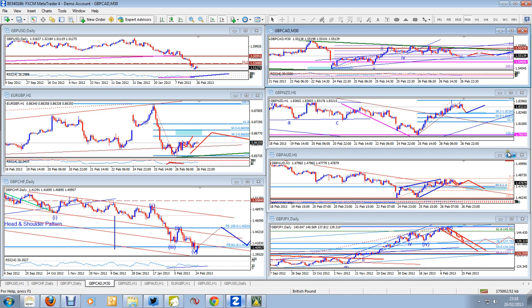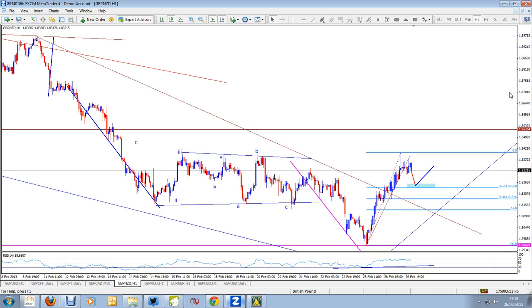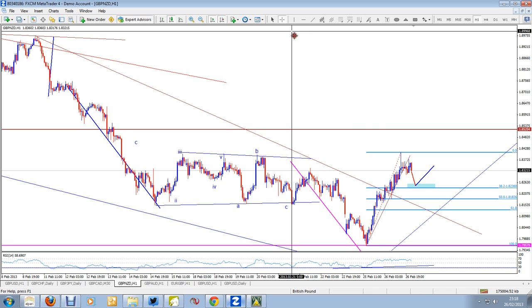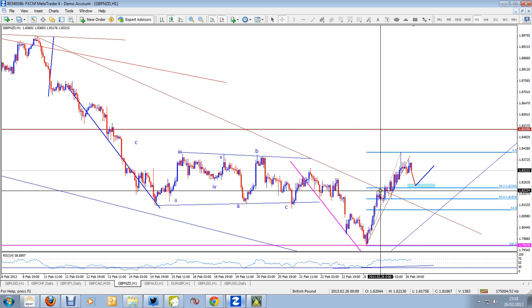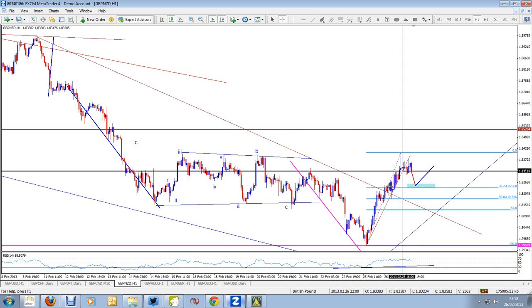And then similarly, we had pound New Zealand, which has also done its leg up. I can't really count the waves very easily: 1, 2, maybe 1, 2, this one 3, 4, and then this very strange looking wave 5 with a lot of overlapping waves in it.